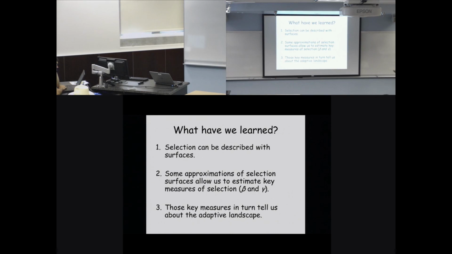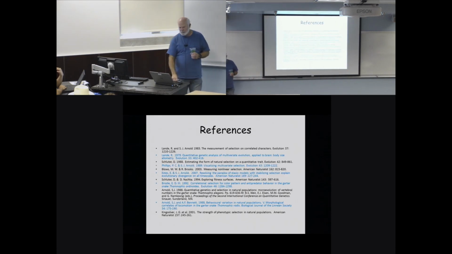In addition, those same parameters, beta and gamma, also tell us about the adaptive landscape. So it means that the adaptive landscape is an empirically visible concept. It's not something that's just anchored out there in fantasy land. And there are a few references, and we've got time for a few questions too.